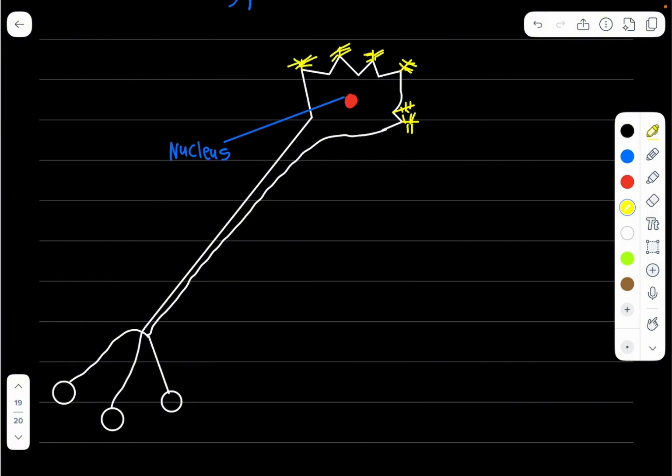So what I just drew right now is the dendrites. These are the dendrites.